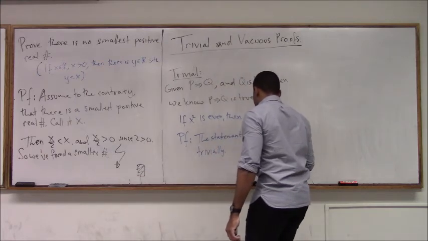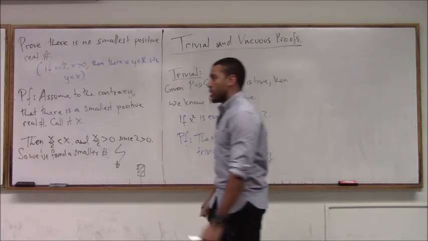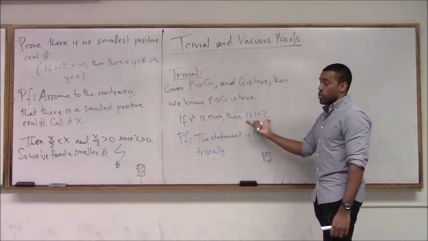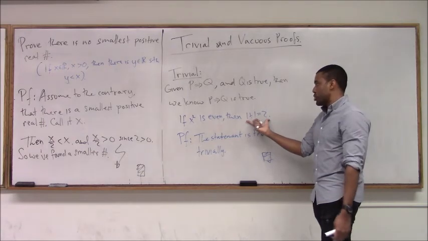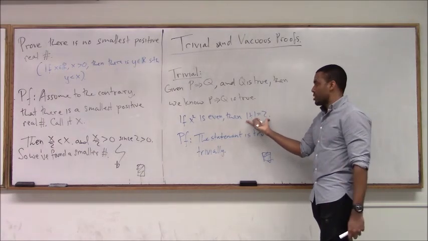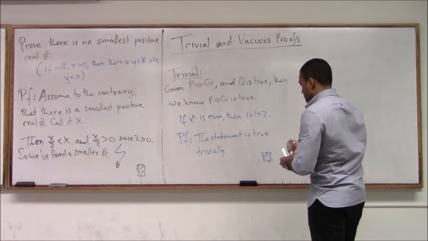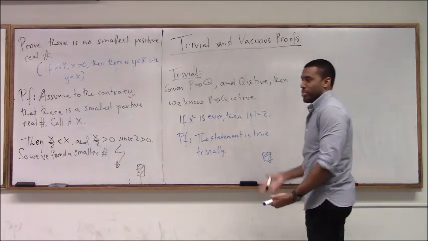And that would be your answer. So if you have something like this and you know for sure that the second statement is true, or you can prove that it's always true, for example that it's a tautology, then the implication is always going to be true. You say that's a trivial proof. Like you literally don't have to do anything, it's trivial.